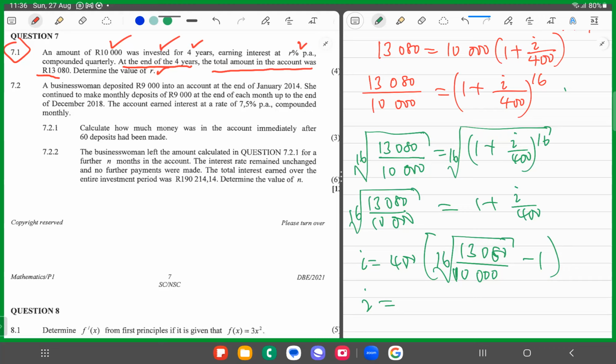And then you minus 1. You multiply by what? By 400.